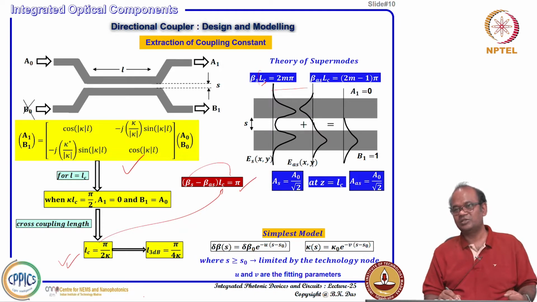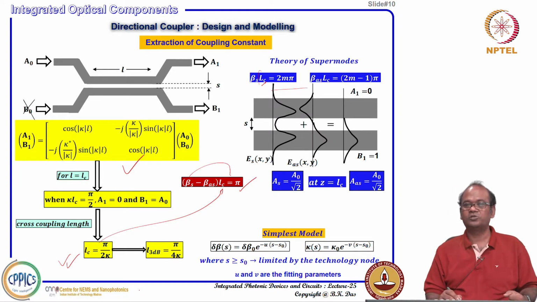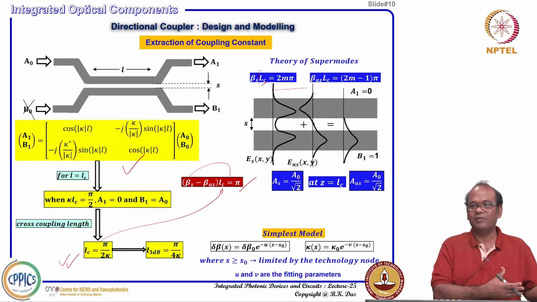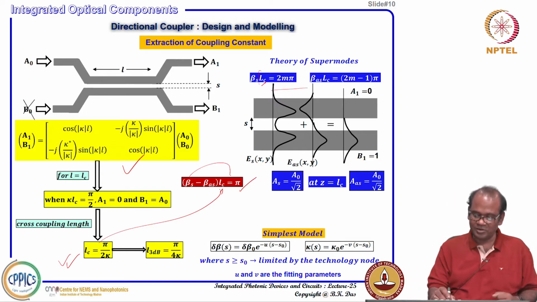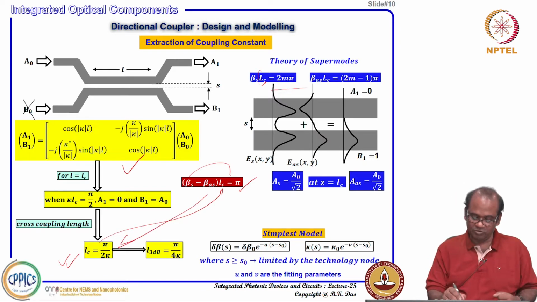Assuming that the symmetric and antisymmetric mode solutions you can easily calculate. You just give a mode solver, and then you will be getting two modes, and you can find their eigenvalues, propagation constant for symmetric and antisymmetric mode. Once you know that, using these two equations you can find the kappa value.